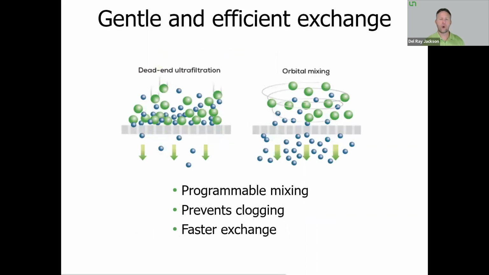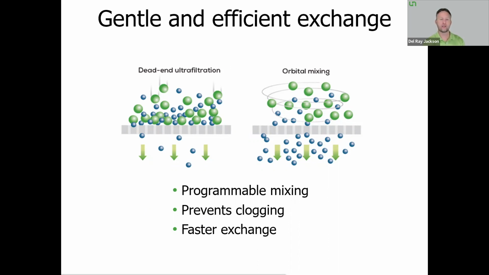Speaking of that mixing, why do we do that? Why do we have this gentle orbital mixing that occurs while we're pressurizing all of your samples? Largely, it gives us two things. One is better sample recovery. And what you don't have happen on Unagi is what you see on the left side of your screen here. This is the phenomenon I referred to earlier, where you will lose some of your samples, oftentimes if you're spinning them down, for instance, and the phenomenon is referred to as dead-end ultrafiltration.